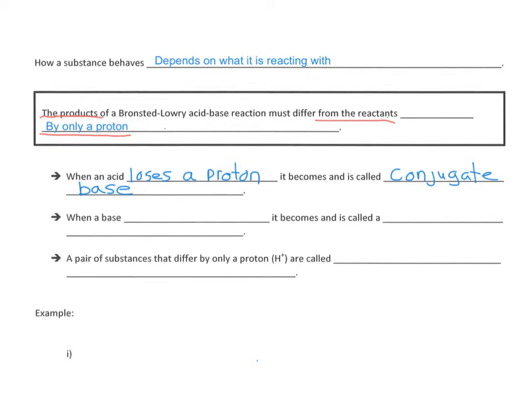When a base accepts a proton, it becomes a conjugate acid. So a pair of substances that differ only by a proton are called conjugate acid-base pairs.